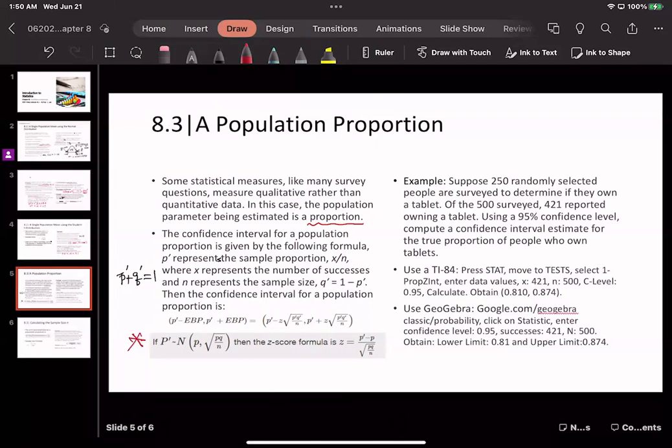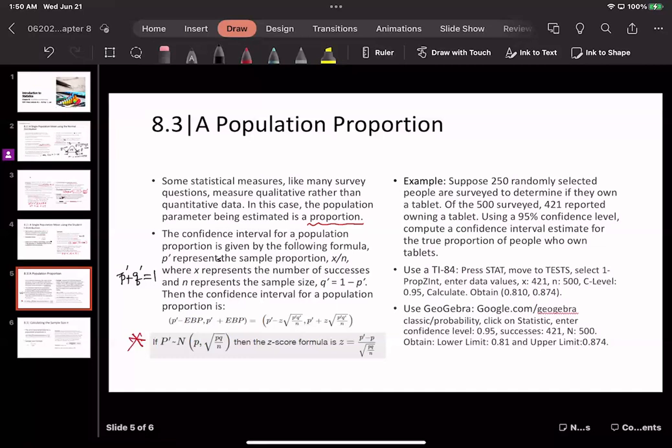This sample proportion p-hat forms a normal distribution with the mean as the population proportion, with notation a small p, and standard deviation the square root of p times q divided by n.